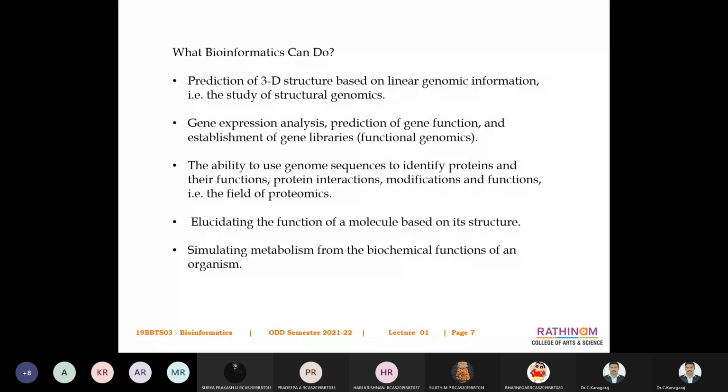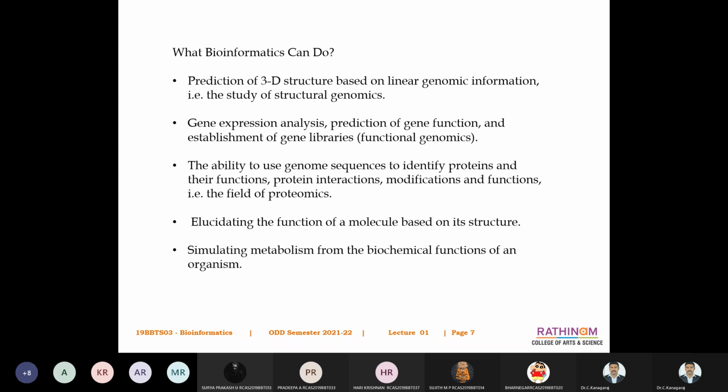So bioinformatics is the bridge of the 3D structure based on the linear genomic information, the study of structural genomics. ஒரு ஜீனோமோட ஸ்ட்ரக்சர் எப்படி இருக்கும் அப்படிங்கிறது we can't see in our laboratory methods. நம்ம லேப்ல DNA ஐசோலேட் பண்றோம், ஜீன் ஆம்பிளிஃபை பண்றோம், அந்த ஜீனை we can't see. அந்த ஜீன் எப்படி இருக்கும், we can find the banding using the agarose gel. ஒரு fluorescent band கிடைக்கும், அவ்வளவுதான். So we can find the structure based on bioinformatics tools.